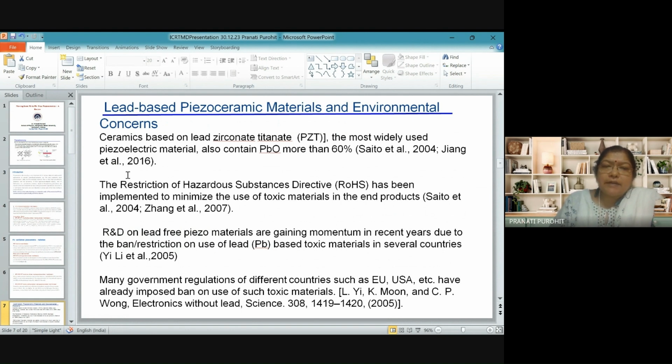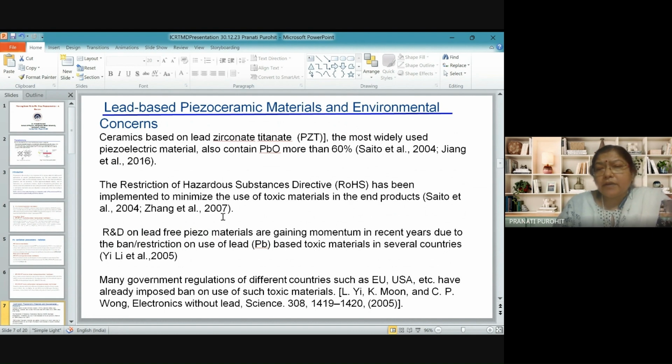Different researcher groups showed that PZT, lead zirconate titanate, which is the most used piezoceramic material, contains more than 60% lead oxide. Other researchers also discuss that lead is a hazardous material, and we should restrict its use.